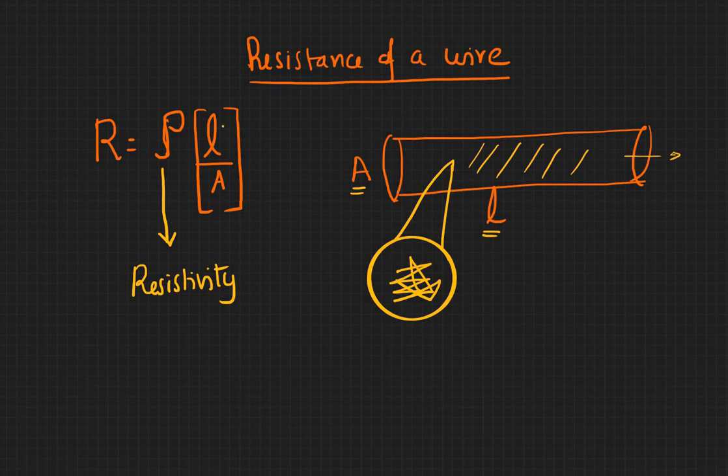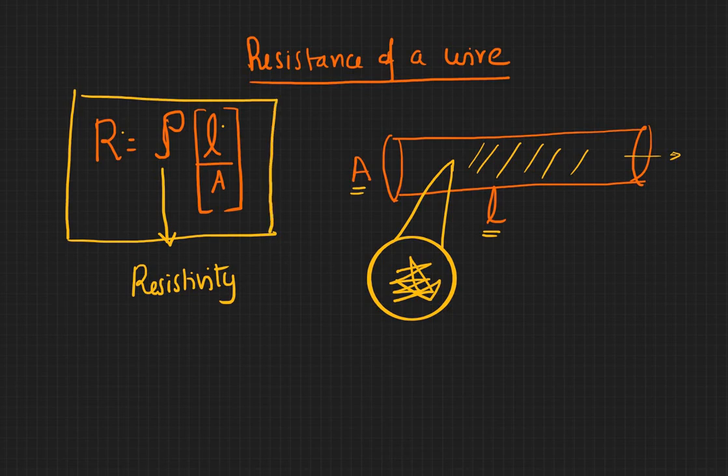So length and resistance have a linear relationship. But if your area increases, you can imagine that your electrons can navigate through more easily. So they have an inverse relationship. So this is how the resistance of a wire is defined.